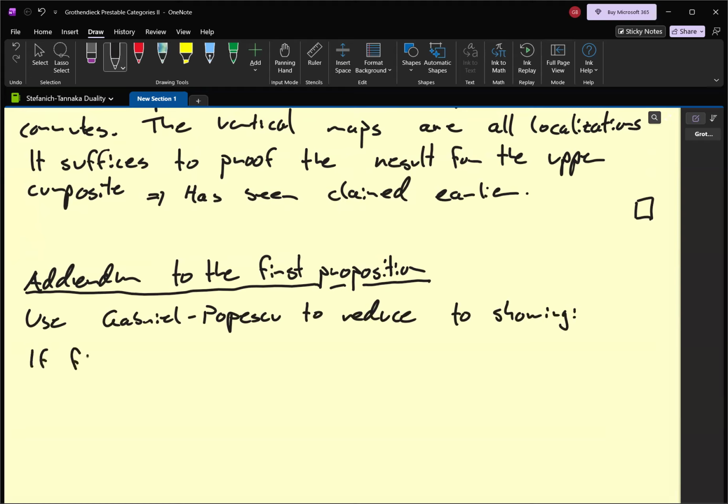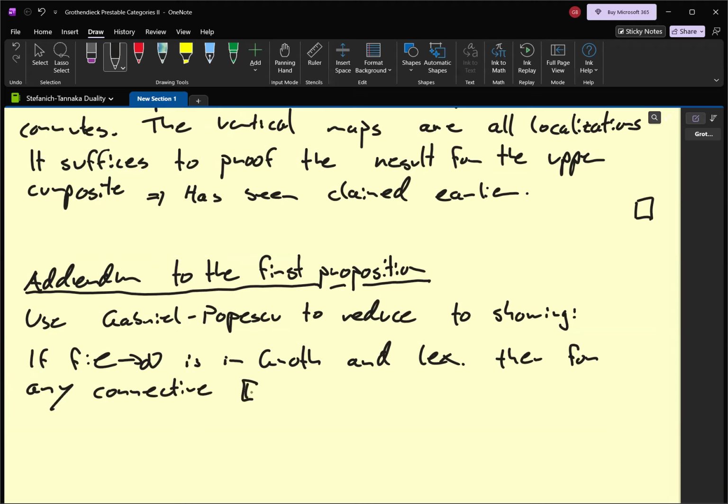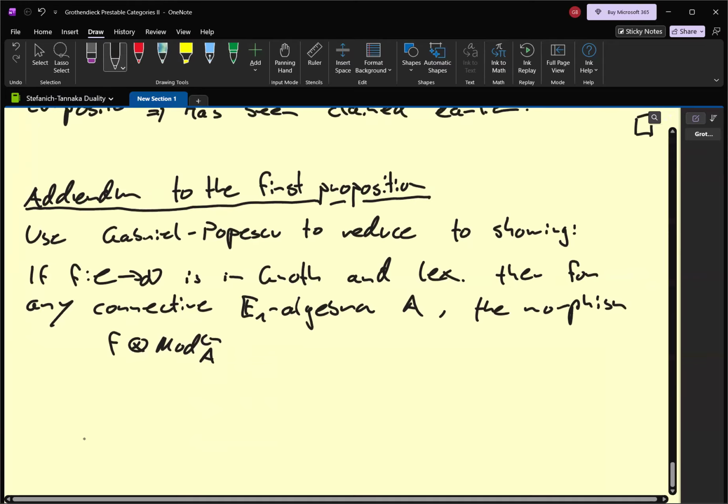If f from C to D is in Groth and Lex, then for any connective E1 algebra A, the morphism F tensor Cn is still Lex.